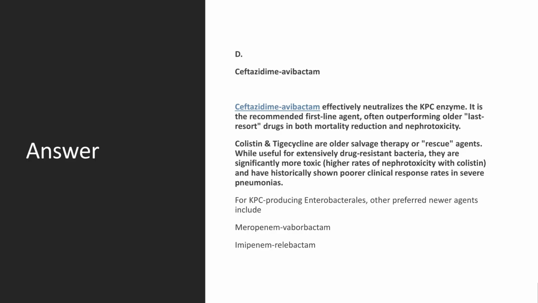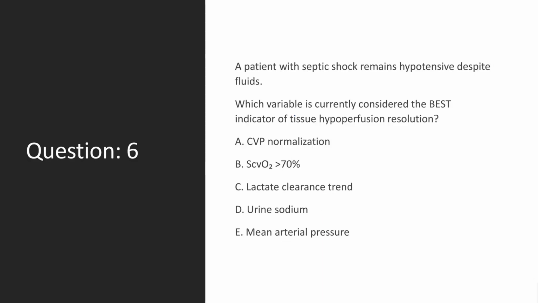While useful for extensively drug-resistant bacteria, they are significantly more toxic, with higher rates of nephrotoxicity with colistin, and have historically shown poorer clinical response rates in severe pneumonias. For KPC-producing Enterobacterales, other preferred newer agents include meropenem-vaborbactam and imipenem-relebactam.